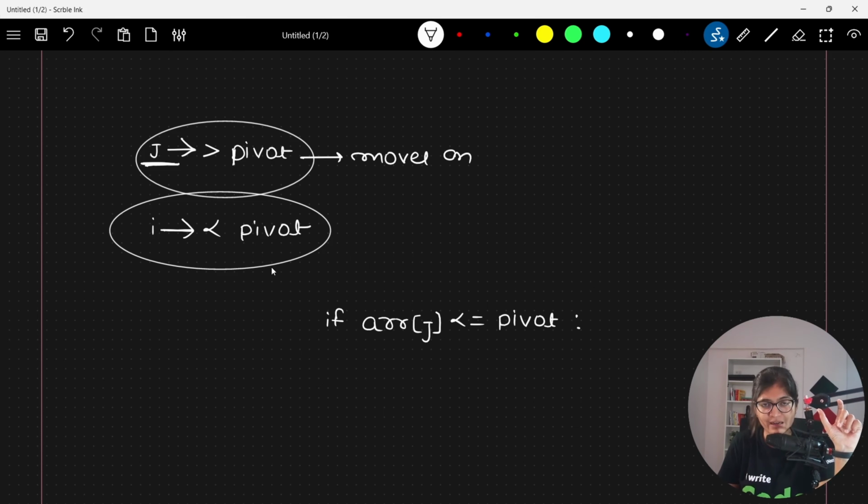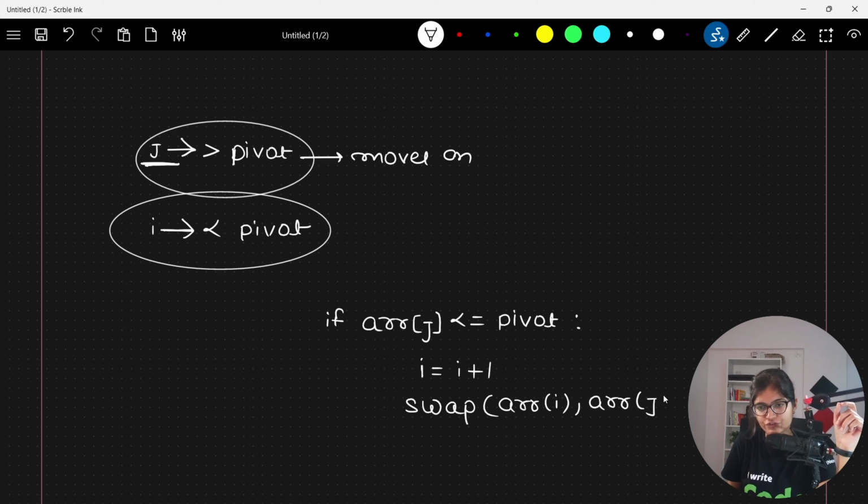Because the responsibility of I is to take the smaller element of the pivot, it will say to I, okay, I will share with you the smaller element, but in exchange you need to share with me the larger element. So what will happen? I will first get updated by one index, and then there will be a swap between the value at array of I and the value at array of J.